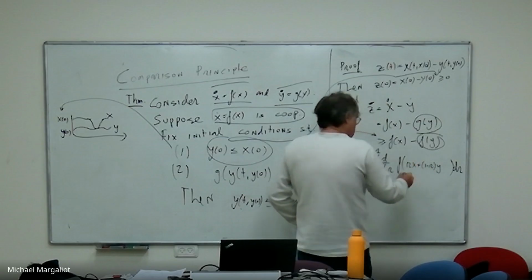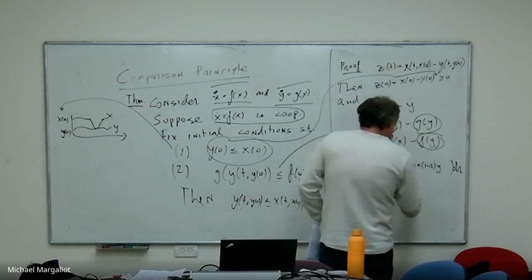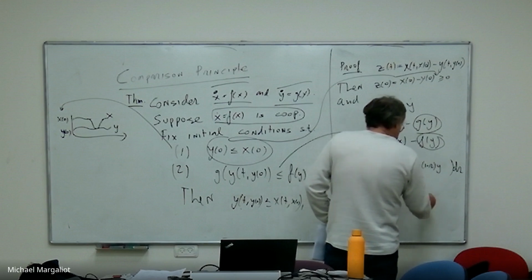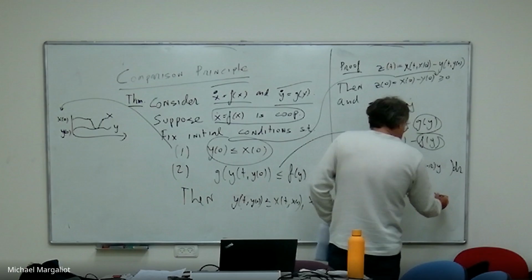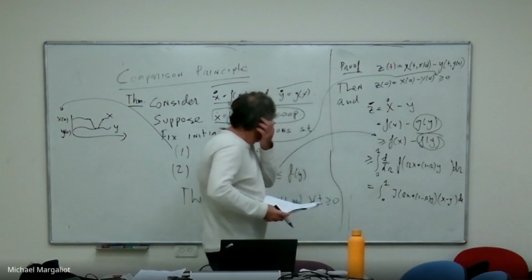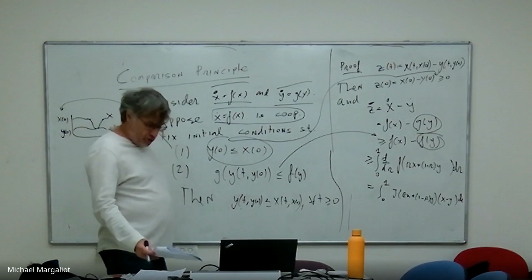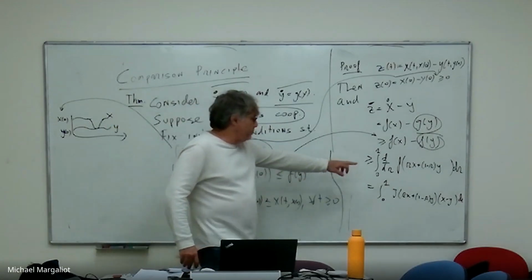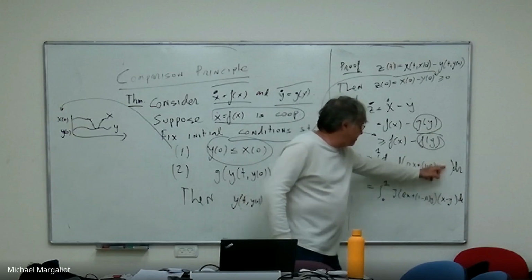Because when I differentiate this, I get the Jacobian using the chain rule. I get the Jacobian multiplied by x minus y dr. This is from the chain rule. When I want to differentiate this with respect to r, I differentiate with respect to x.